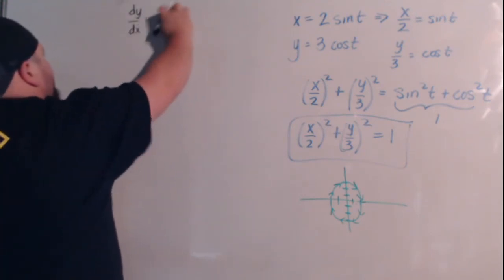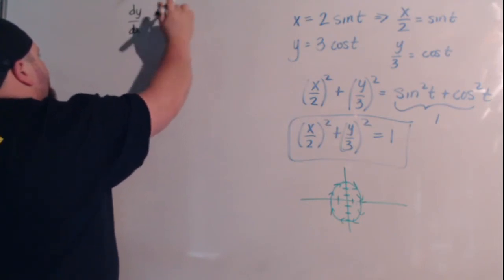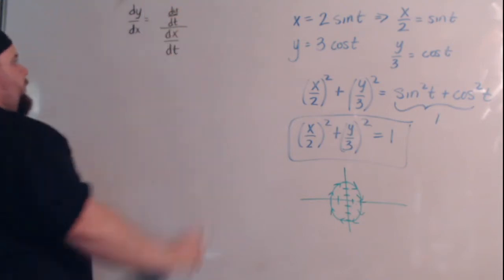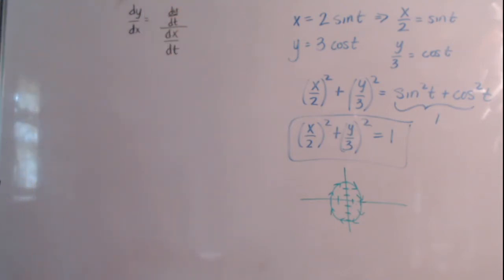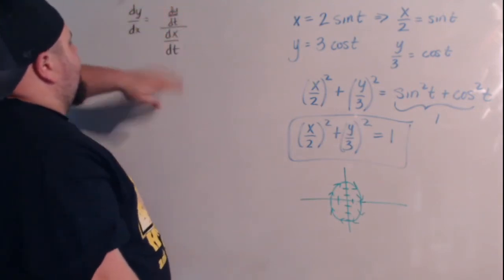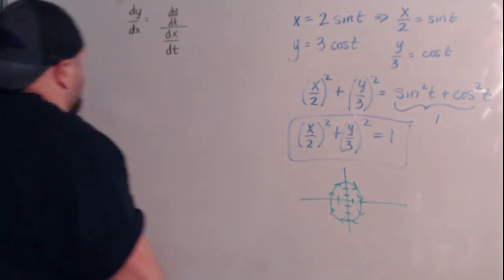So dy/dt over dx/dt. And if you flip and multiplied that, you could see that it would look like dy/dx.